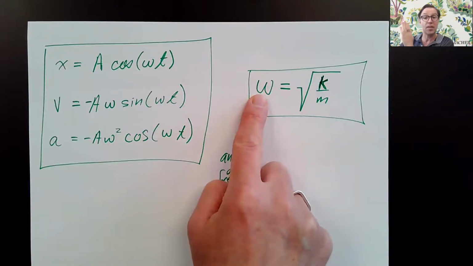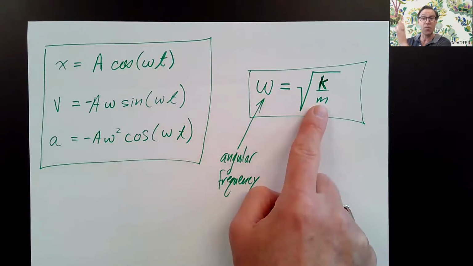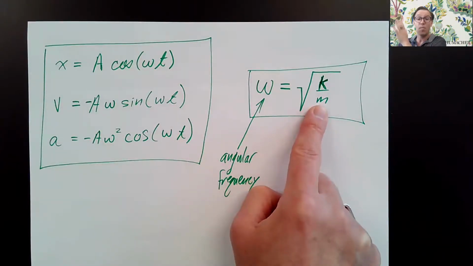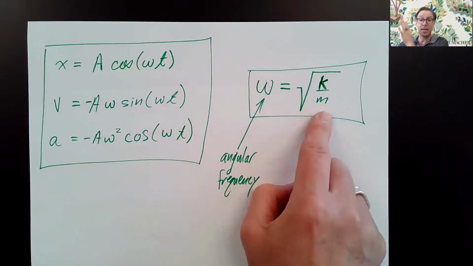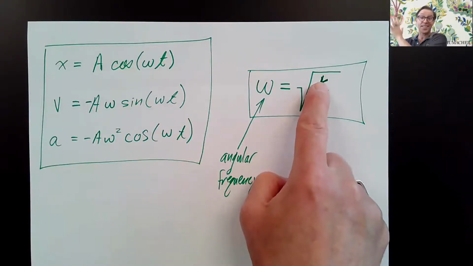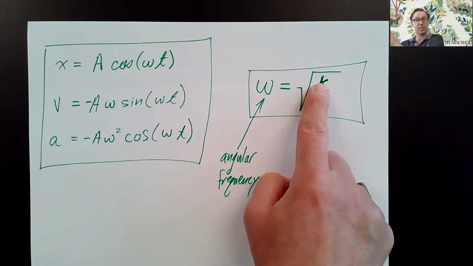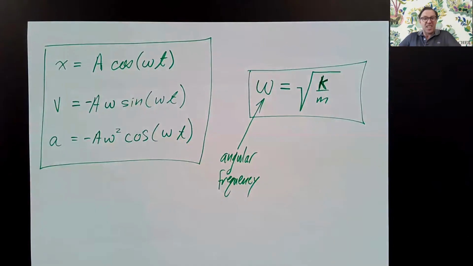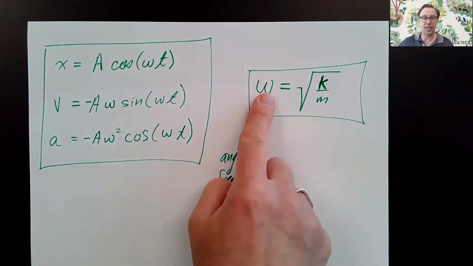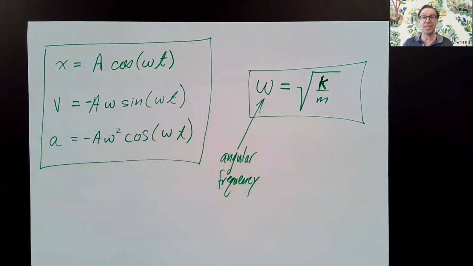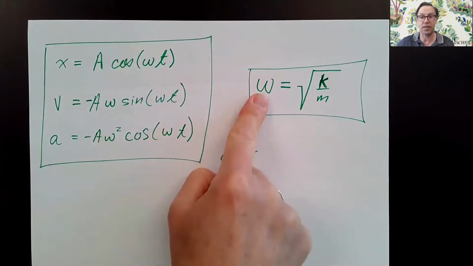One thing that could make omega really small is if you stuck something really massive here, like a bowling ball, which would not go back and forth super fast. Or maybe it's because of a big M or small k, like a slinky, which would not make a ball go back and forth very fast. So either small k or big M, intuitively feels like a small angular frequency. Whereas a really stiff spring would make things go back faster, would make a larger frequency.